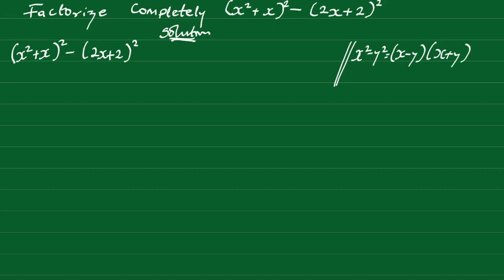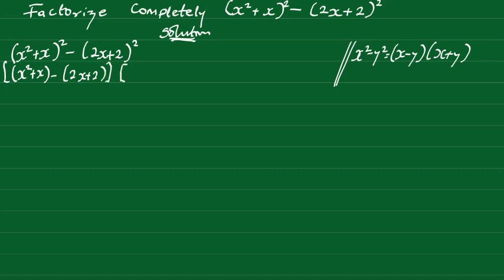Having this in mind, we dive into our expression by writing a bracket open, (x² + x) minus (2x + 2) bracket close.